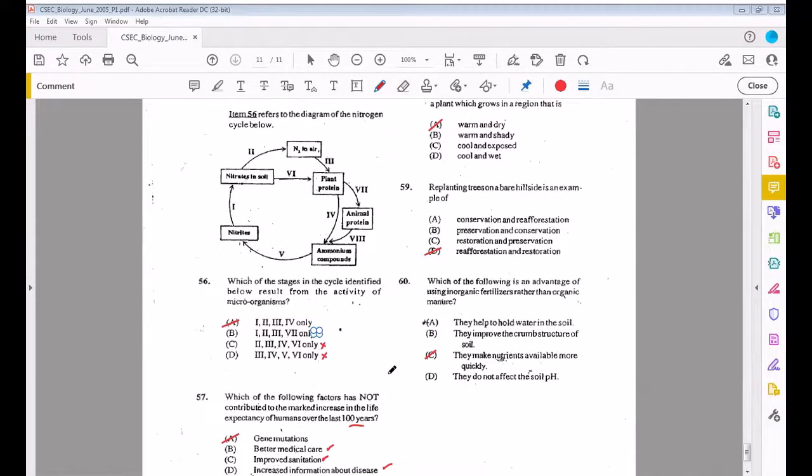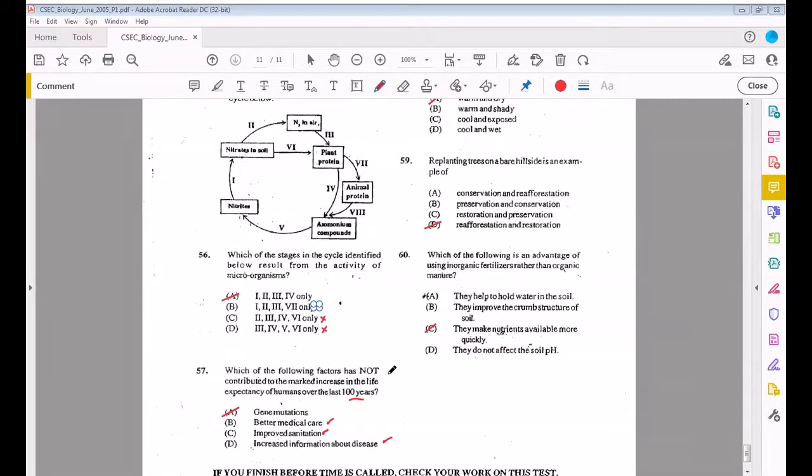Replanting trees on a bare hillside is an example of D, reforestation and restoration. And finally, 60. Which of the following is an advantage of using inorganic fertilizers rather than organic fertilizers? The answer is C. They make nutrients available more quickly.